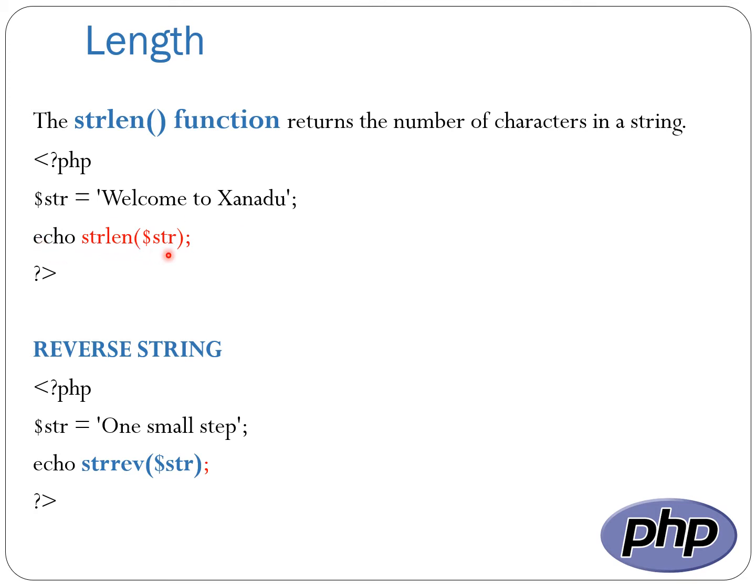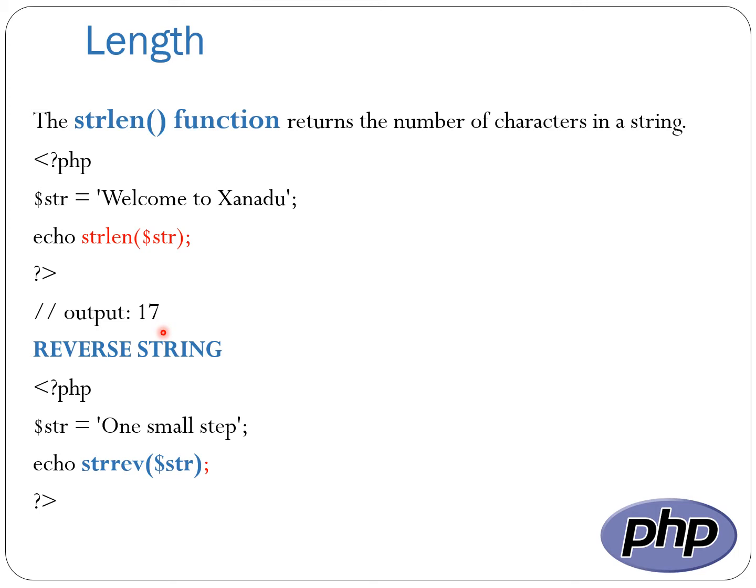It will count the number of characters present in str including white spaces. For this particular string value, the output is 17: 1, 2, 3, 4, 5, 6, 7, 8, 9, 10, 11, 12, 13, 14, 15, 16, 17. So 17 characters are there, and it will produce the output 17.